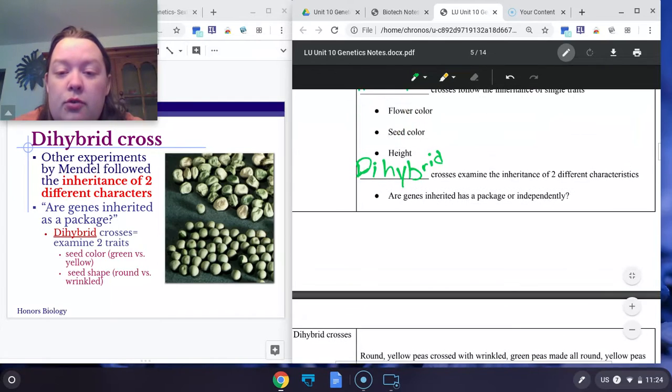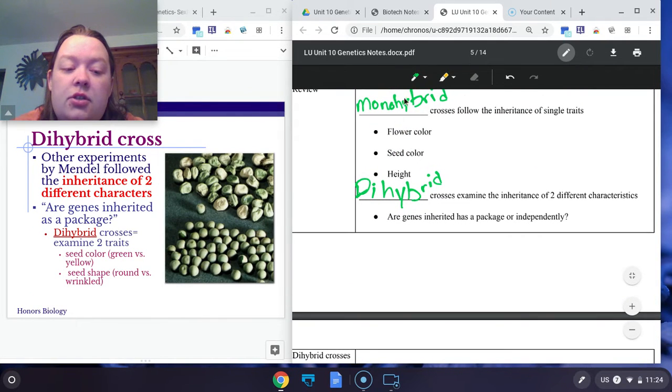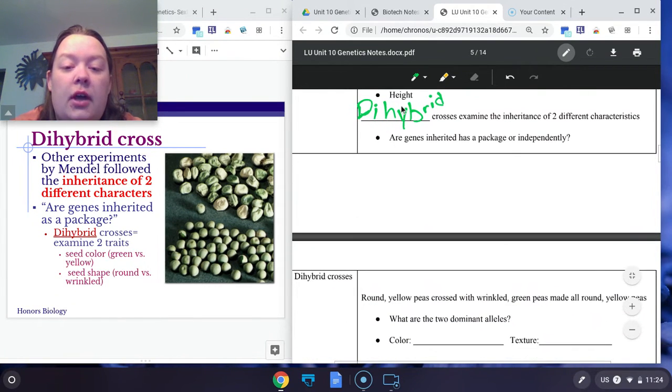So in a monohybrid cross, we would say, what's the chance of the seed being green? In a dihybrid cross, we're going to look at what's the chance of the seed being green and wrinkled. So what's the chance of getting those two traits together at the same time?